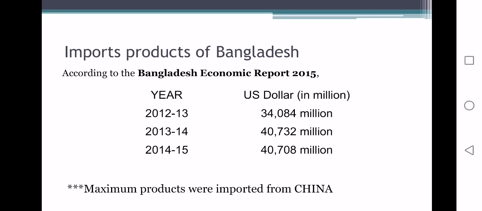In 2013 and 14, Bangladesh imported products worth 40,732 million US dollar. And in 2014 and 15, Bangladesh imported products worth 40,708 million US dollar. You have to memorize these numbers. And don't forget that maximum products were imported from China, according to the Bangladesh Economic Report 2015.